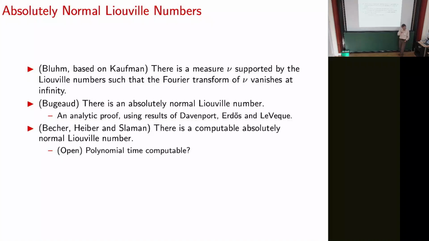So it's very well approximated by rationals, right? But in every base, it's normal. And then Pegden posed the question, and Becher, Heiber, and I showed that there's a computable such example. And it comes from decomposing.